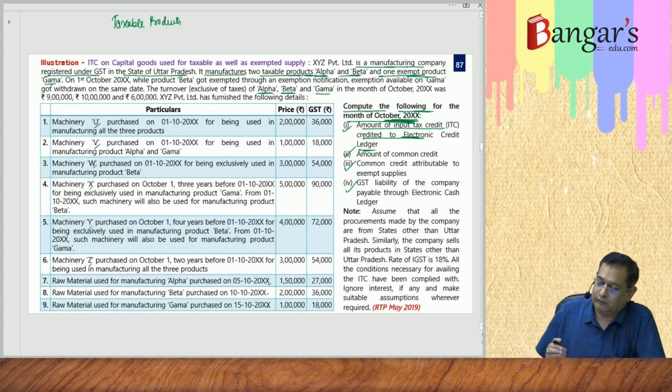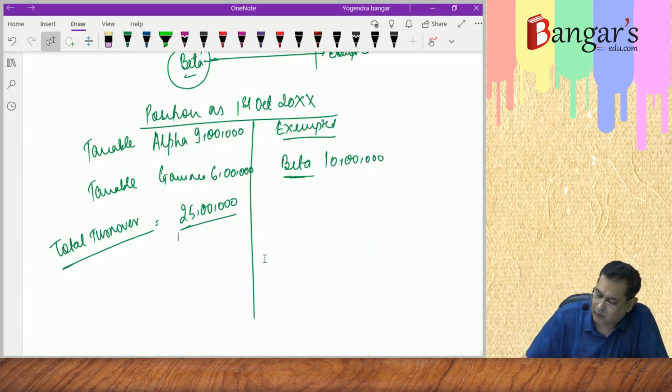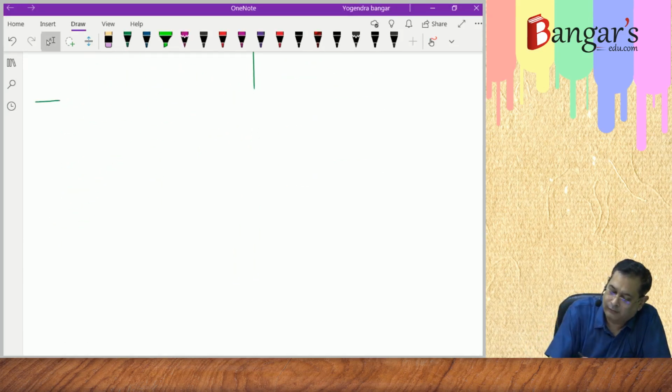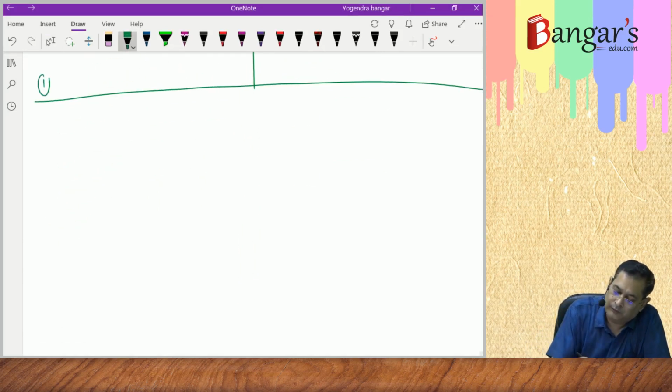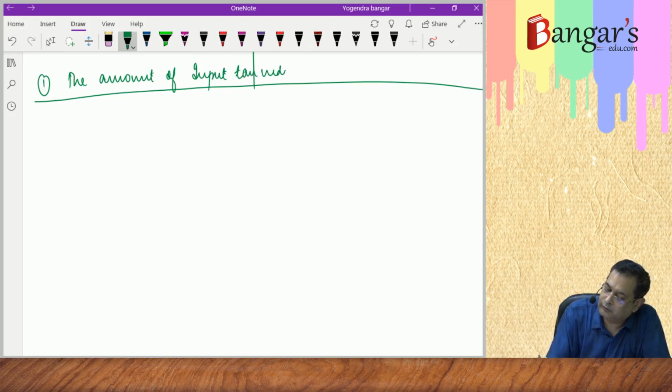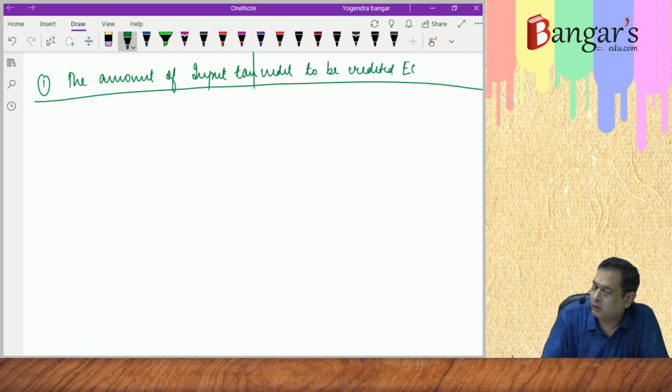So first of all, we will be calculating what? The amount of input tax credit. First part. The amount of input tax credit to be credited to electronic credit ledger.